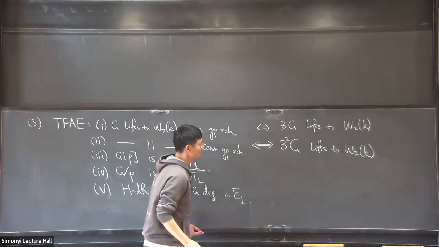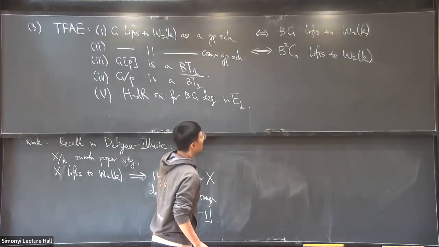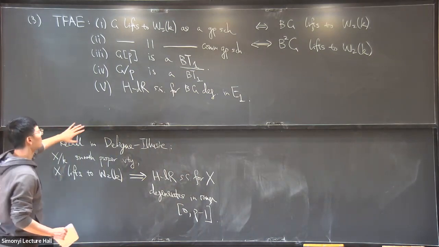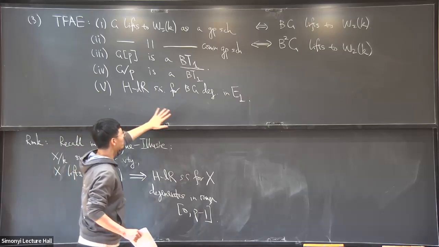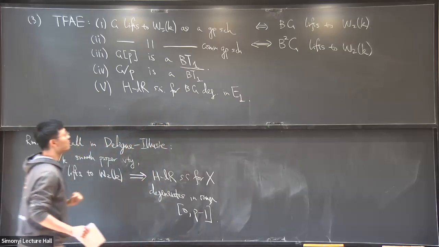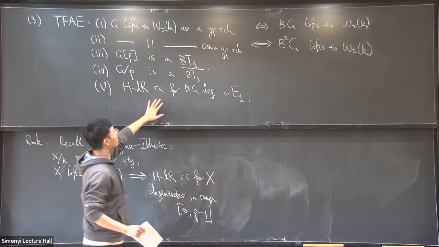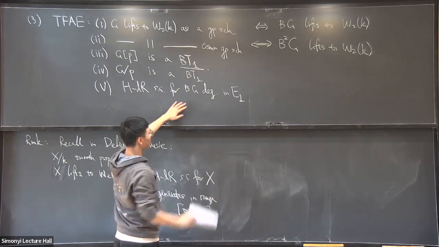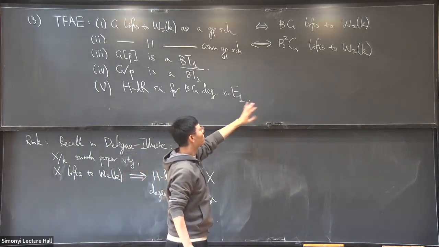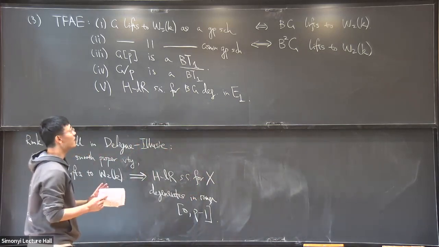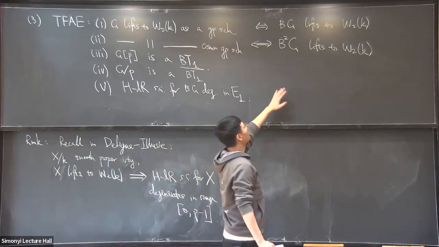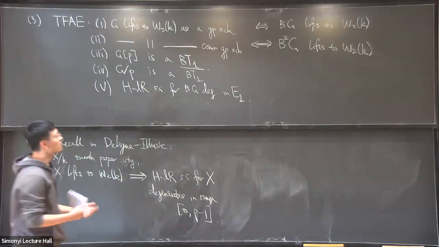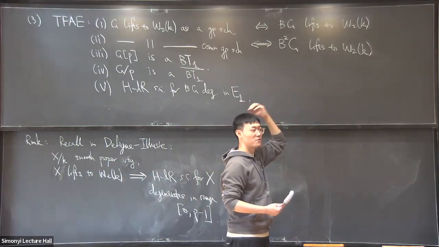All right. So the logic when we are proving this is basically that the Hodge to de Rham spectral sequence for BG is very understandable, so that when this degenerates, you can also show that a similar thing happens for B squared G. Namely, in some low range, the Hodge to de Rham spectral sequence for B squared G also degenerates, and it turns out that the differential forms, or the cotangent complex, for BG or B squared G are simple enough that this kind of description already tells you that B squared G can be lifted to W2K.